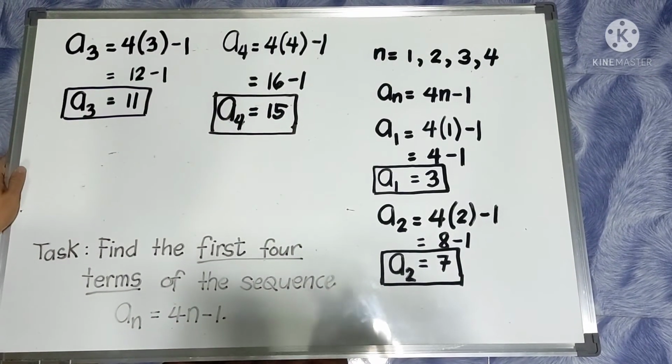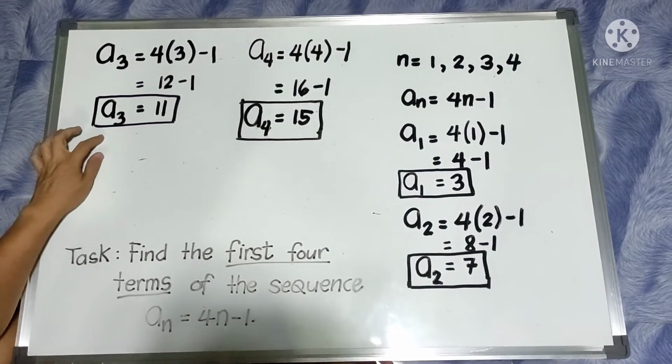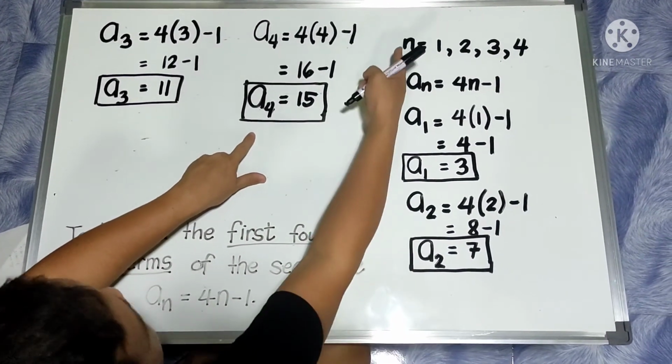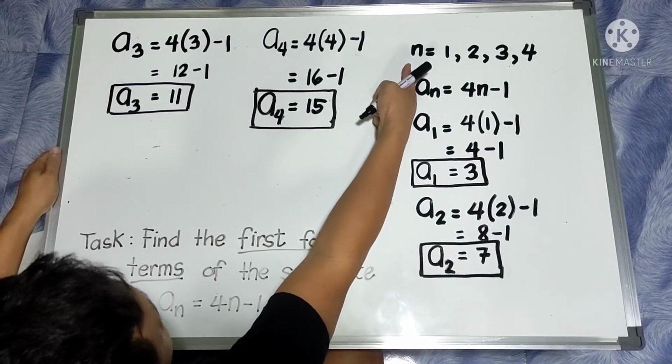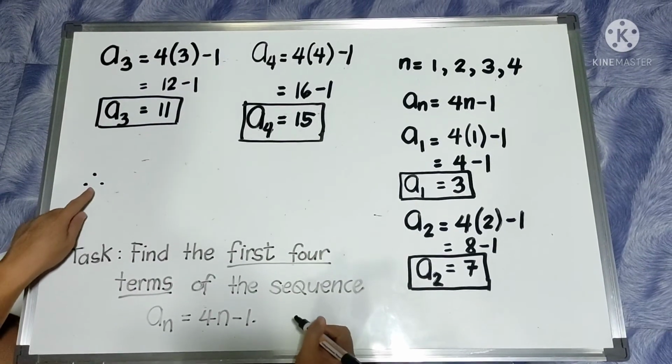Okay? So we are done solving our a sub 1, a sub 2, a sub 3, and a sub 4. So you will stop at a sub 4 because your n is just equal to 1, 2, 3, and 4. After that, you can make the conclusion.